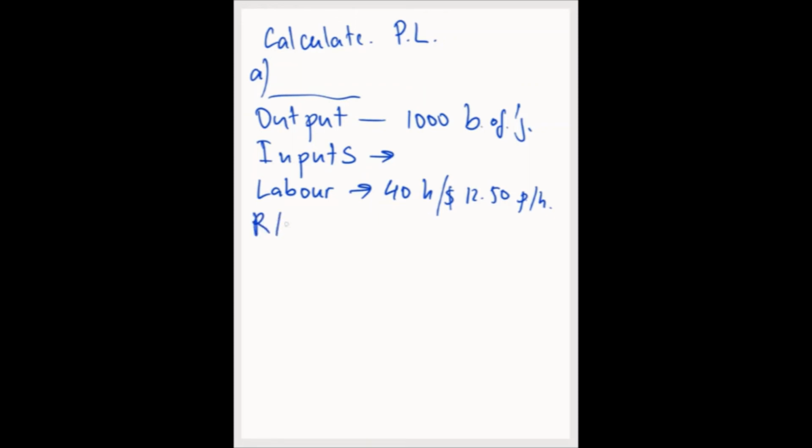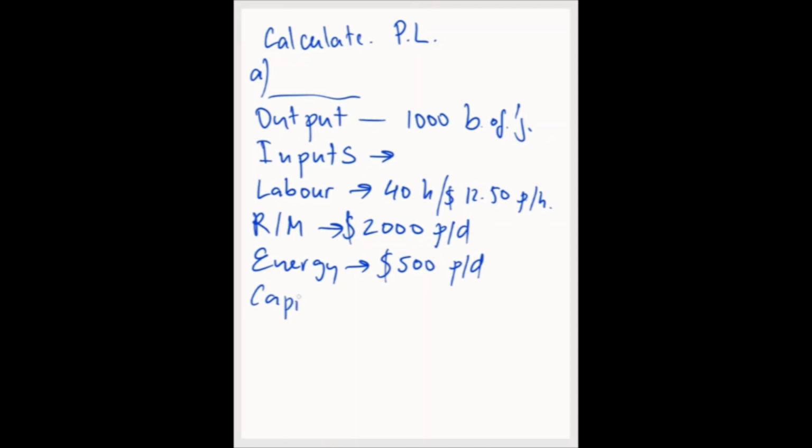So we have raw material $2,000 per day, and energy $500 per day. Capital cost $1,000. So we have to calculate labor productivity.